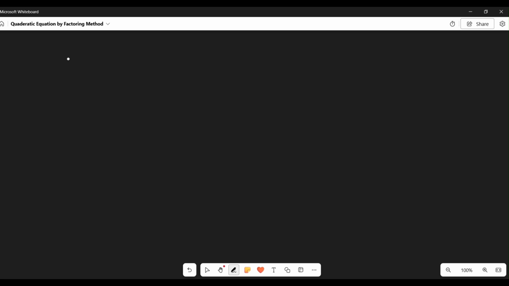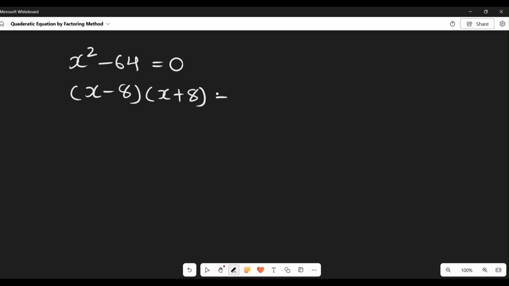In this tutorial, we are going to see how to solve the quadratic equation by factoring method. Suppose you have x² − 64 = 0, then we can write this as (x − 8)(x + 8) = 0. Now, if either of the terms is 0, then the whole equation will be 0.